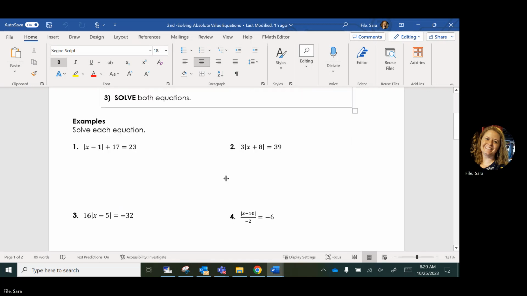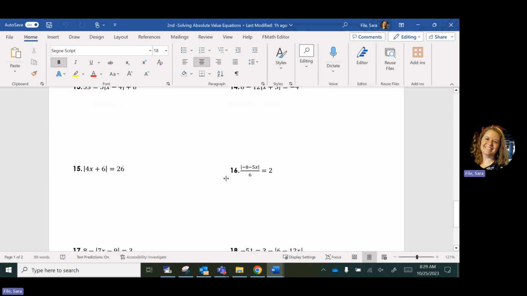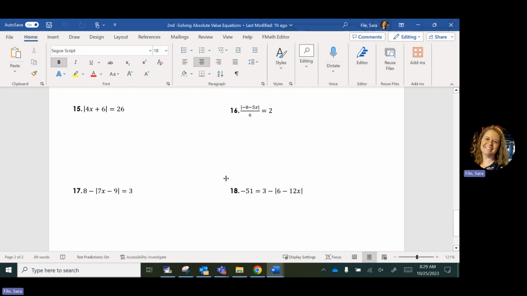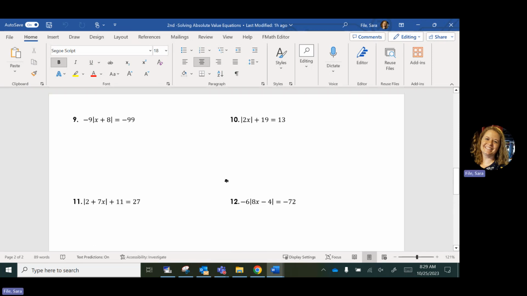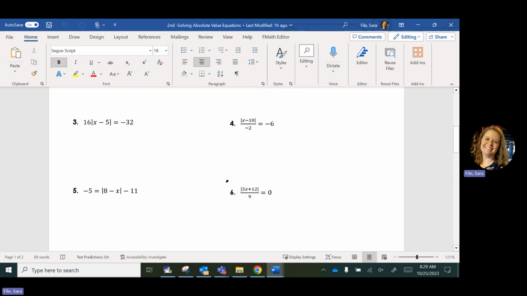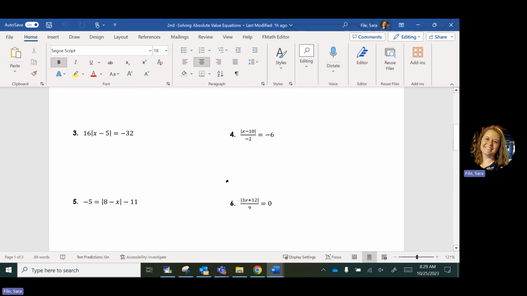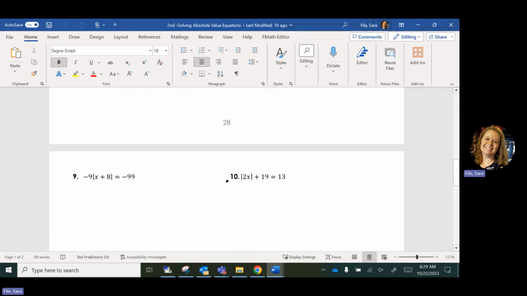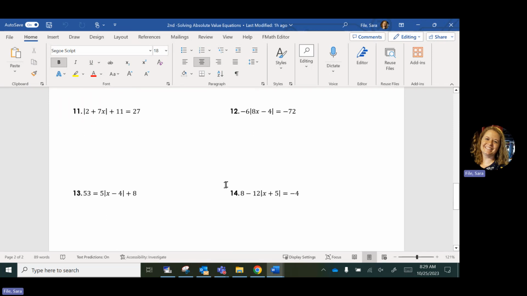All right. So there are 18 problems here. I'm going to do 3 of them with you. I'm going to let y'all glance through these. These look more complex than the ones we did yesterday. They are. There's some different types, different steps, more steps. So they're a little more complex than what we started with yesterday.